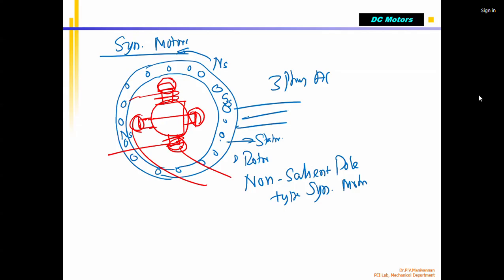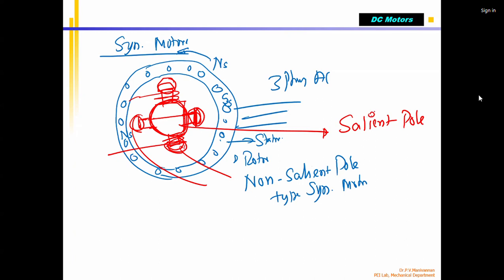In this case, you can see that this is cylindrical, but there are projections, correct? And the coil is there. This type of rotor is called salient pole type. Poles are projecting from the cylindrical shape, so this is called the salient pole.